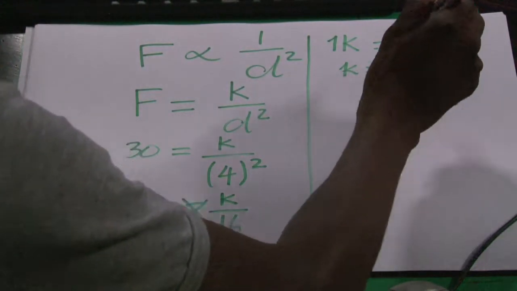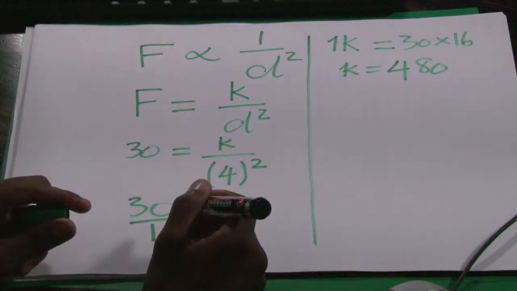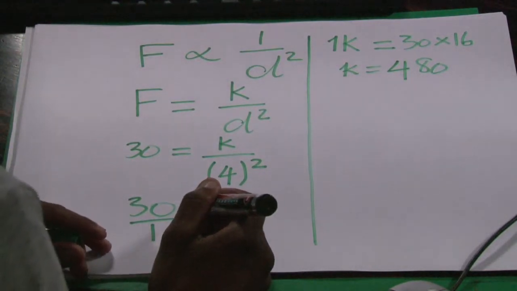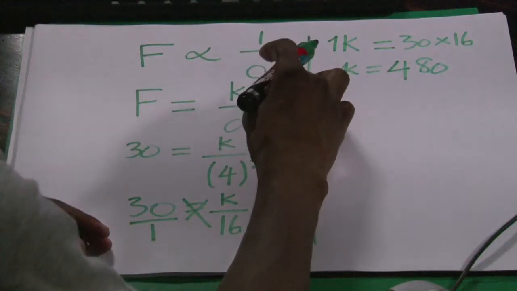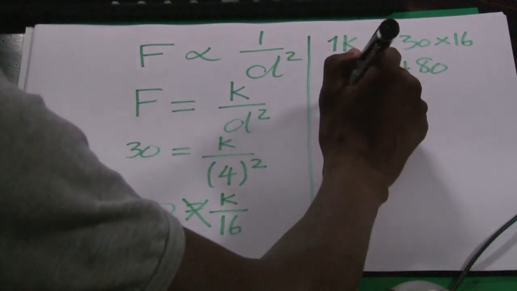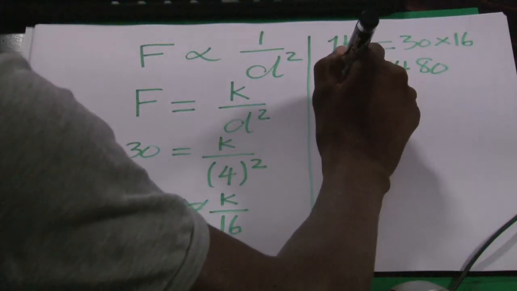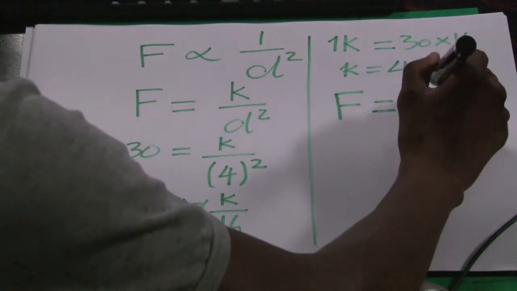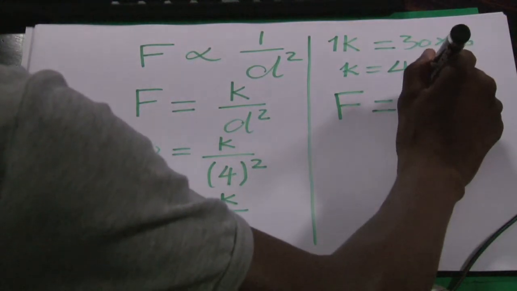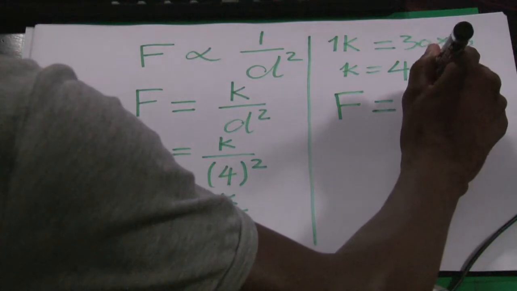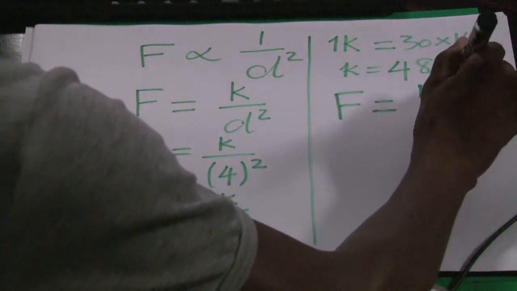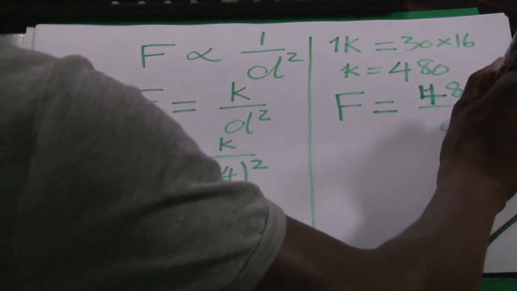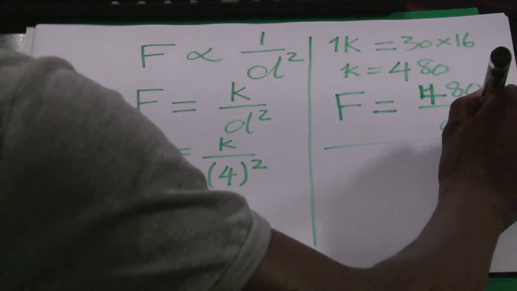We get k equals 480. Now we go back to our equation with symbols. The equation is F is equal to 480 over d squared. This is our final answer.